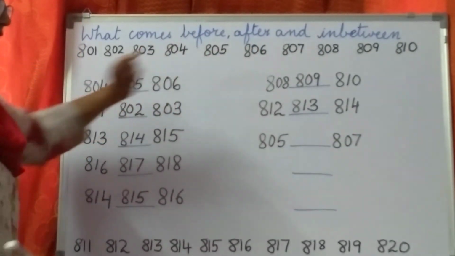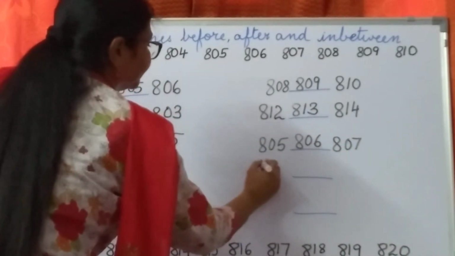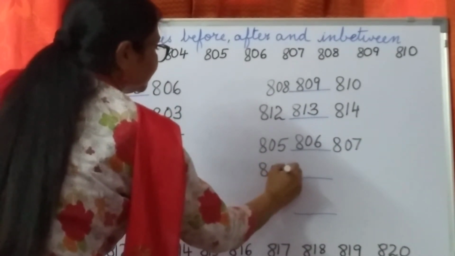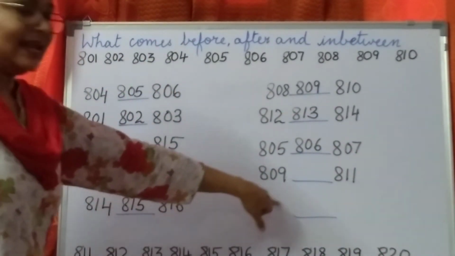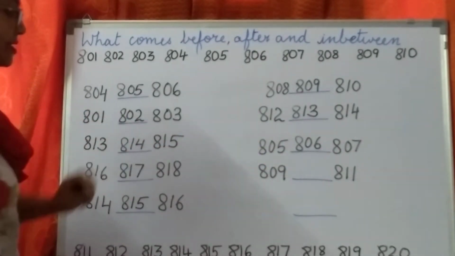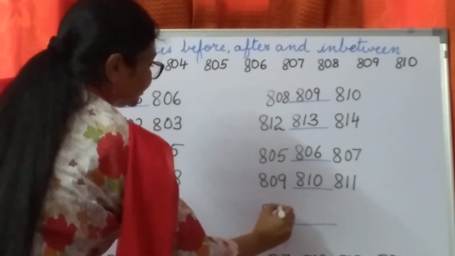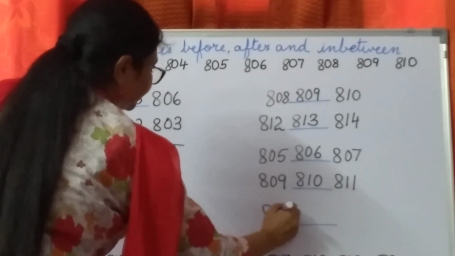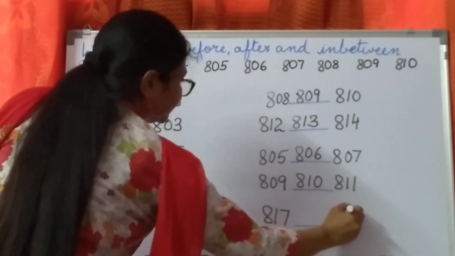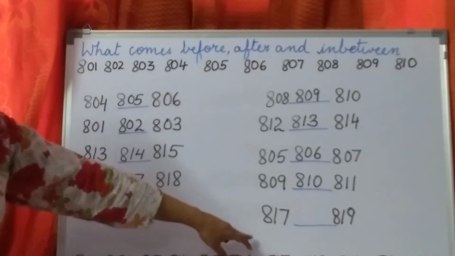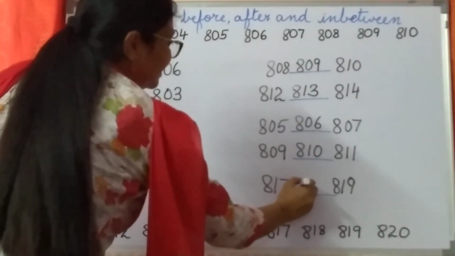Number in between is 806. 809 and 811. Number in between is 810. 817 and 819. So number in between is 818.